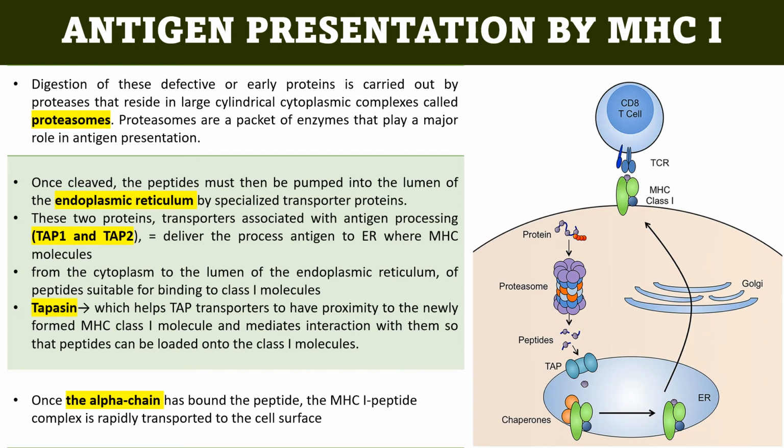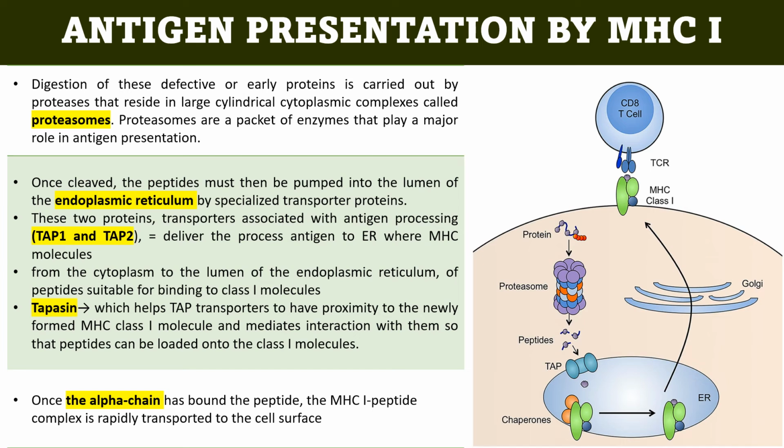Once cleaved, the peptide must then be pumped into the lumen of the endoplasmic reticulum by specialized transporter proteins. These transporters associated with antigen processing, TAP1 and TAP2, deliver the processed antigen to the ER, moving peptides from the cytoplasm to the lumen of the ER suitable for binding to class 1 molecules. Tapasin helps the TAP transporter come into proximity with the newly formed MHC class 1 molecules and mediates interaction with them so that peptide can be loaded onto the class 1 molecules.